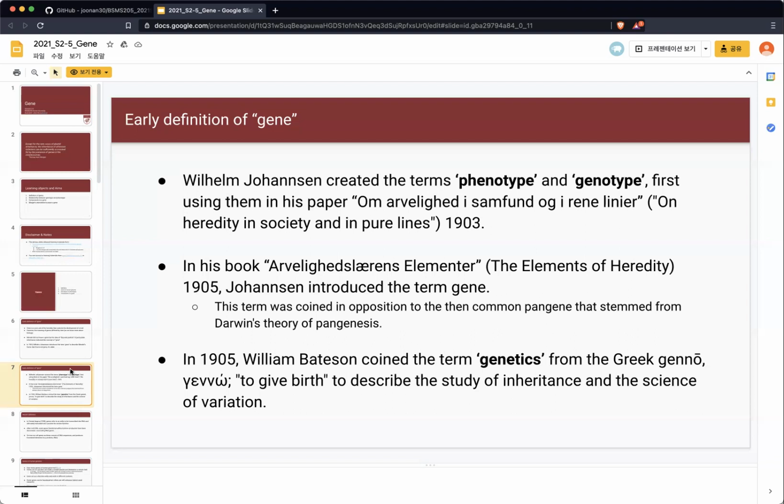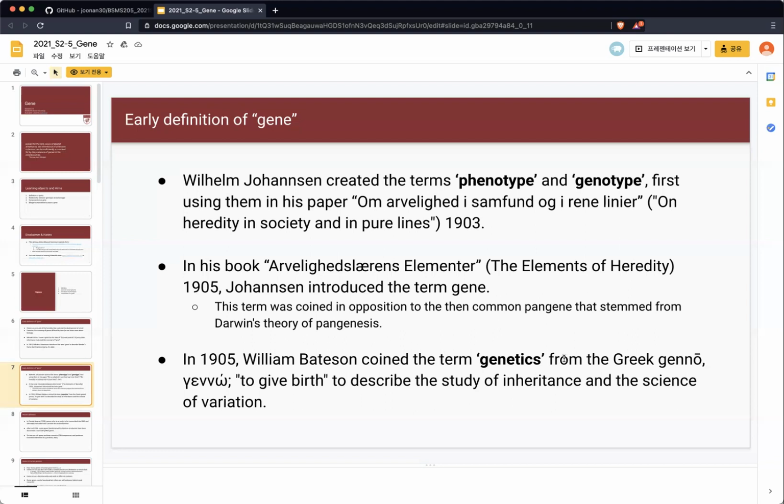And then in 1905, William Bateson coined the term genetics from the Greek word geno, right? That means to give birth, so it literally means the inheritance phenomena.